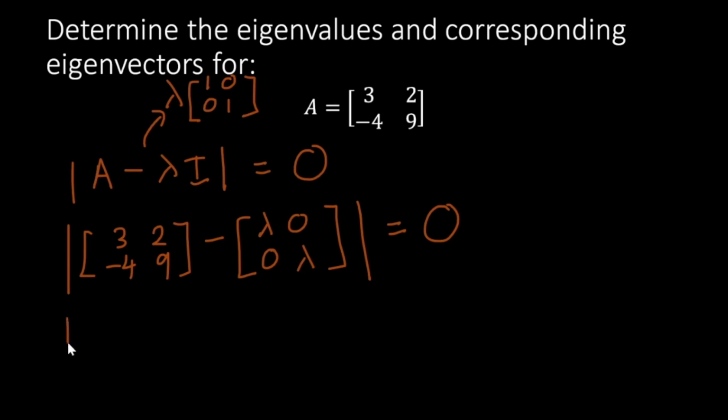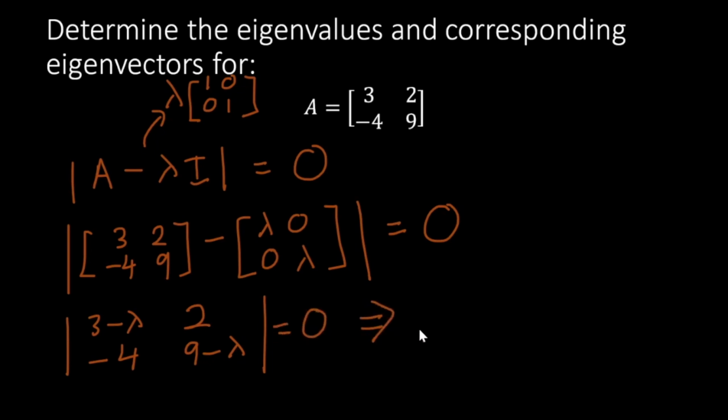And now we need to solve for 3 minus lambda. 2 minus 0 is 2. Minus 4 minus 0 is minus 4. And 9 minus lambda would be 9 minus lambda. The determinant is equal to 0.